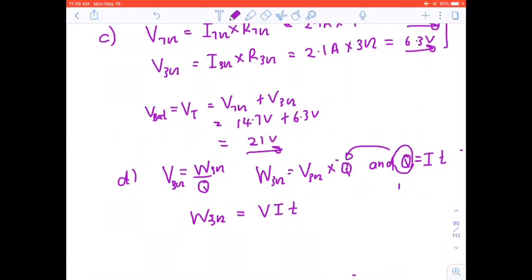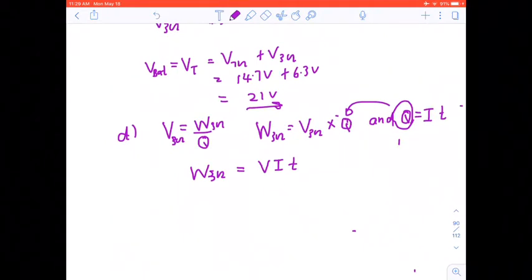Here we have our 3 ohm resistor, and our current moving through, so we have 6.3 volts times the current of 2.1 amps times 1 minute, which is 60 seconds.